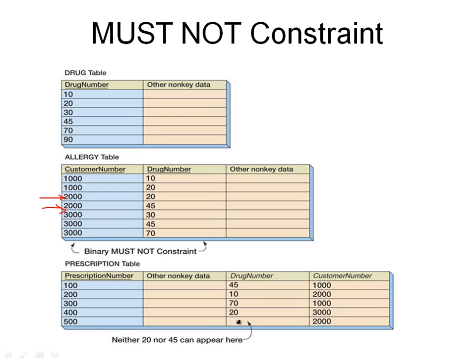So for the 2000, we cannot repeat these two numbers because they have already been used. So 20, 45 cannot appear here, but any other number might appear.